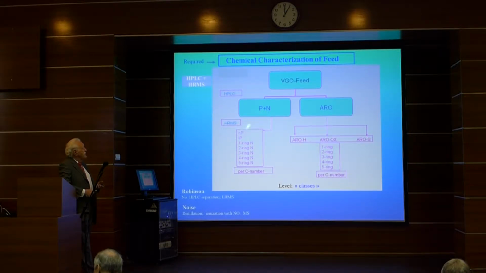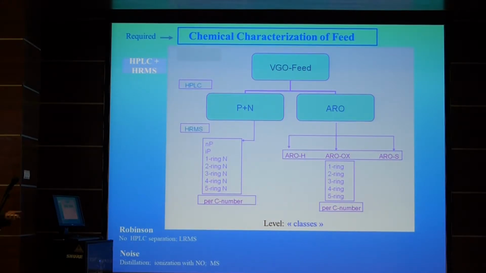And that yields the analysis of the paraffin and naphthenic fraction into that detail. Same with the aromatic components. You can analyze that into one ring, two ring, etc., etc. And you are now, with this analysis, at a level that I call classes level, but which is not enough yet to do the kinetic modeling as we ambition to do it.